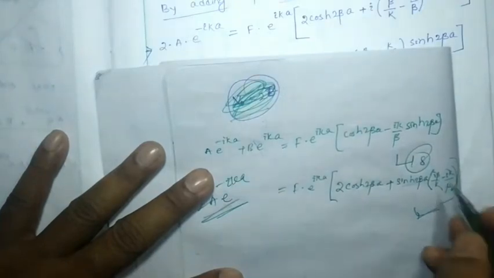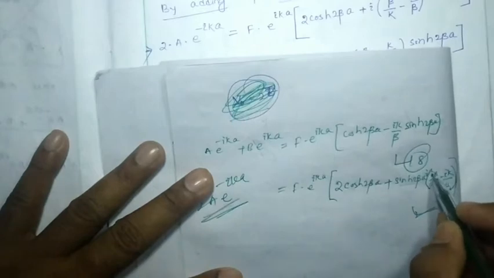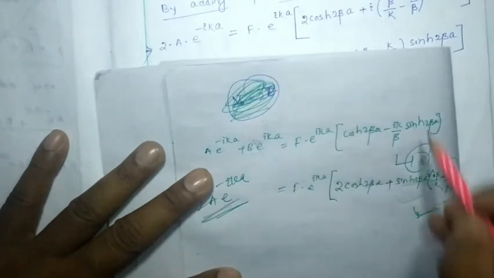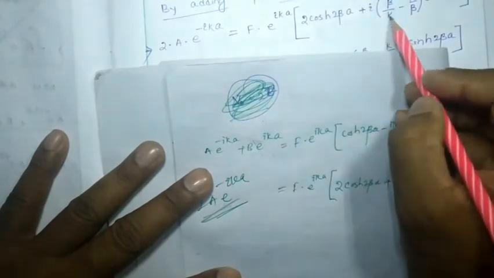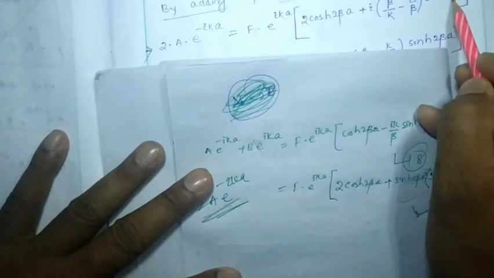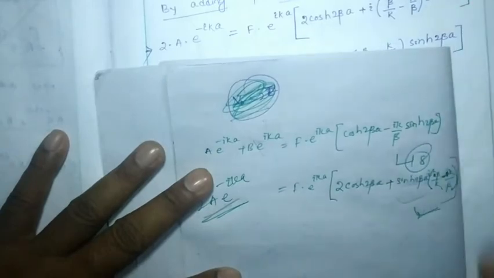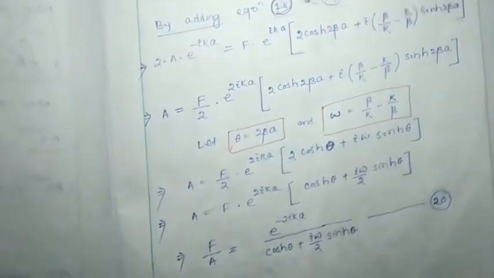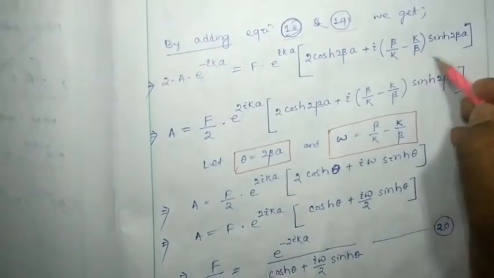Here you can see that I taken outside: beta by k minus k by beta, sinh 2 beta a. Okay, so by adding equation number 18 and 19 we got this much.